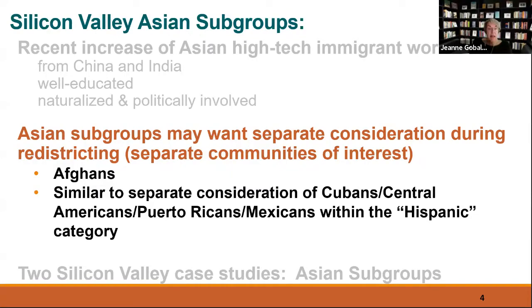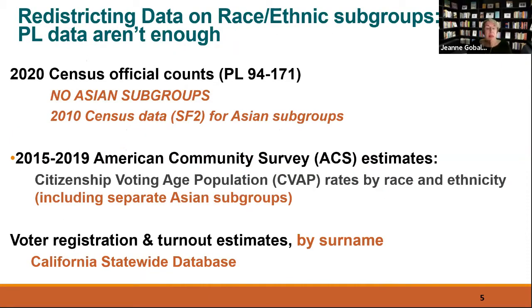The two case studies I'm going to discuss today are first one case where Afghan Americans wanted consideration in a redistricting project, and the other where Asian Indians and Chinese Americans wanted to be considered separately. PL data, as I said, are not enough. We have been using 2010 SF2 information for Asian subgroups.